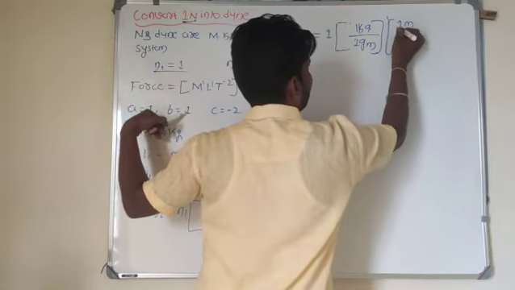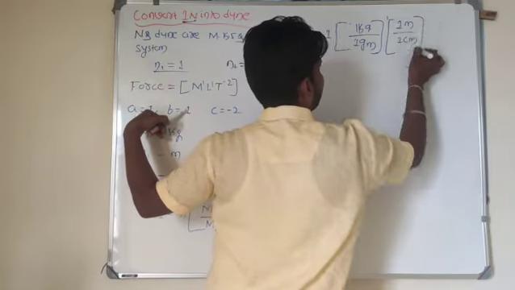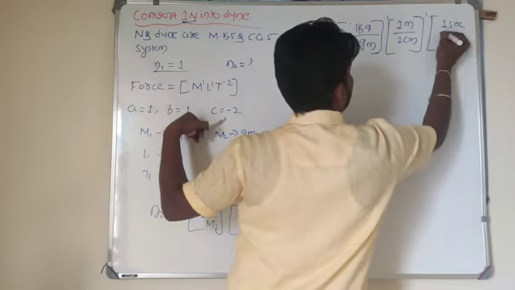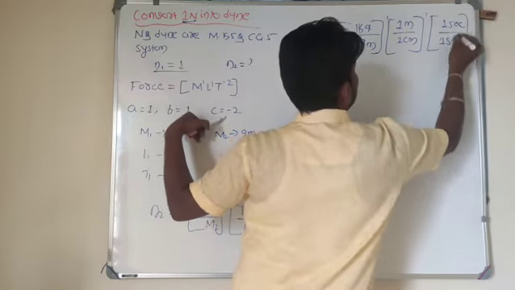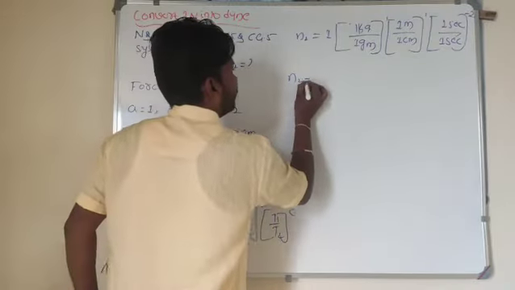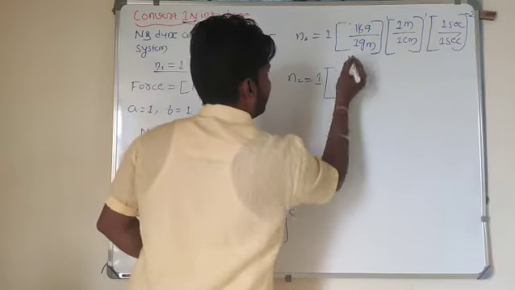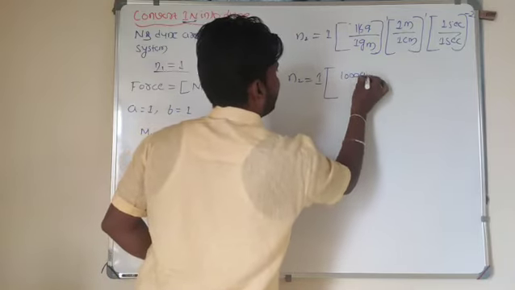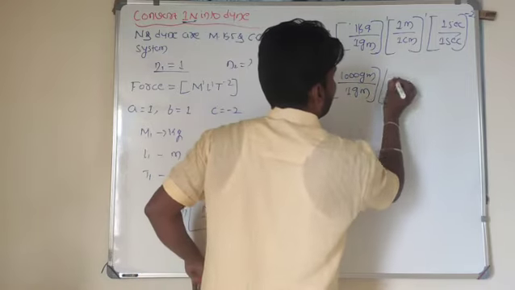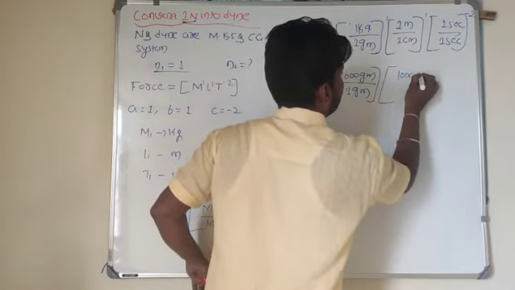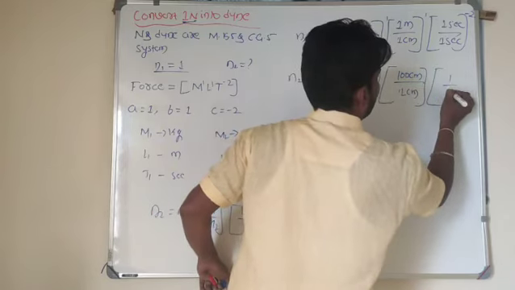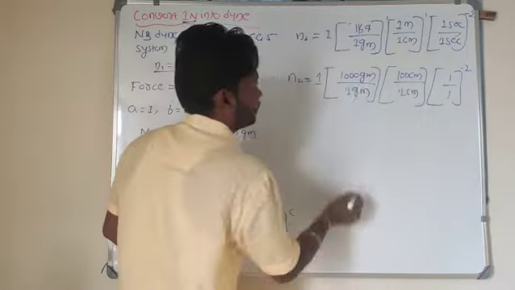This is 1 meter, 1 centimeter. b value is also 1. Second, this is also 1 second, power minus 2 here. Again my duty is to convert. 1 kg means 1000 gram divided by 1 gram. Here 1 meter means 100 centimeter by 1 centimeter. And here also 1 by 1 whole to the power of minus 2.